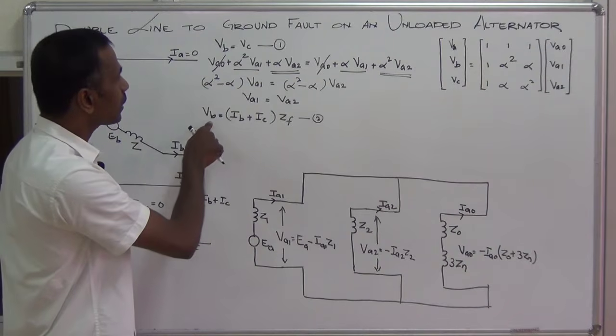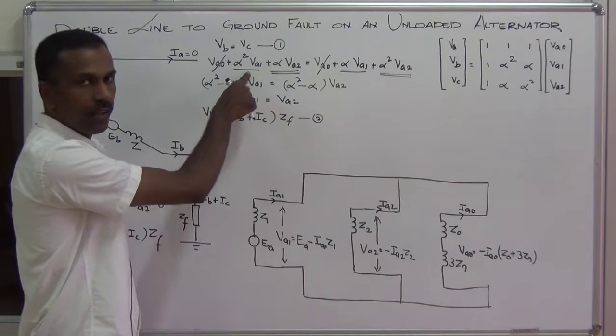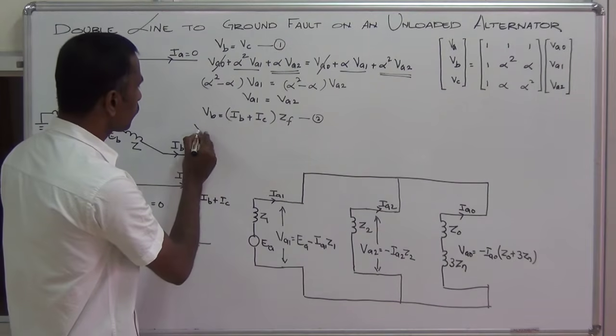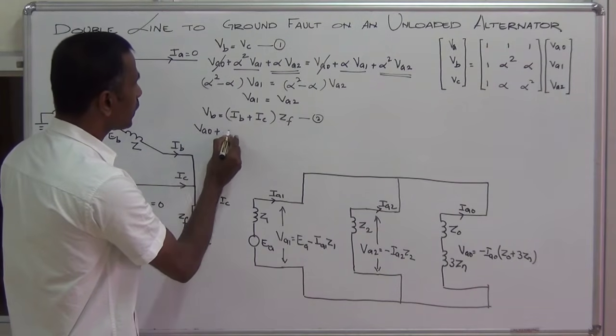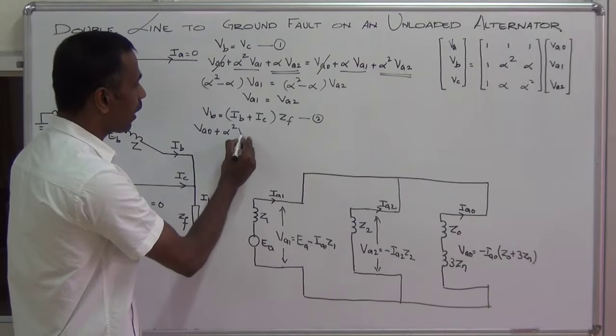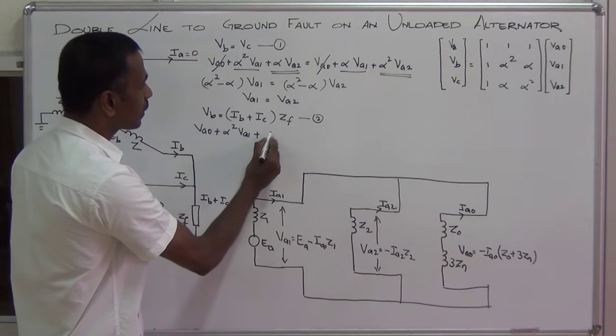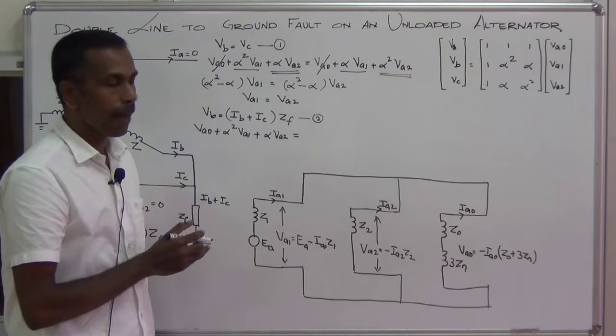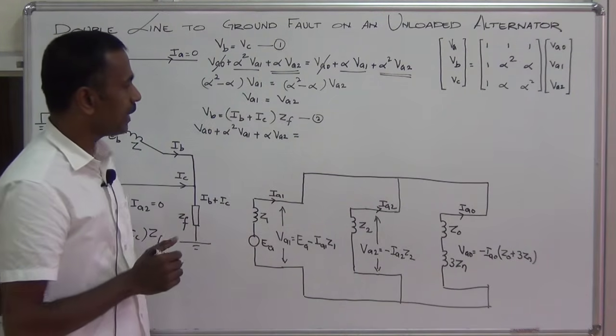So VB equals VA0 plus alpha square VA1 plus alpha VA2, which is equal to IB plus IC into ZF.